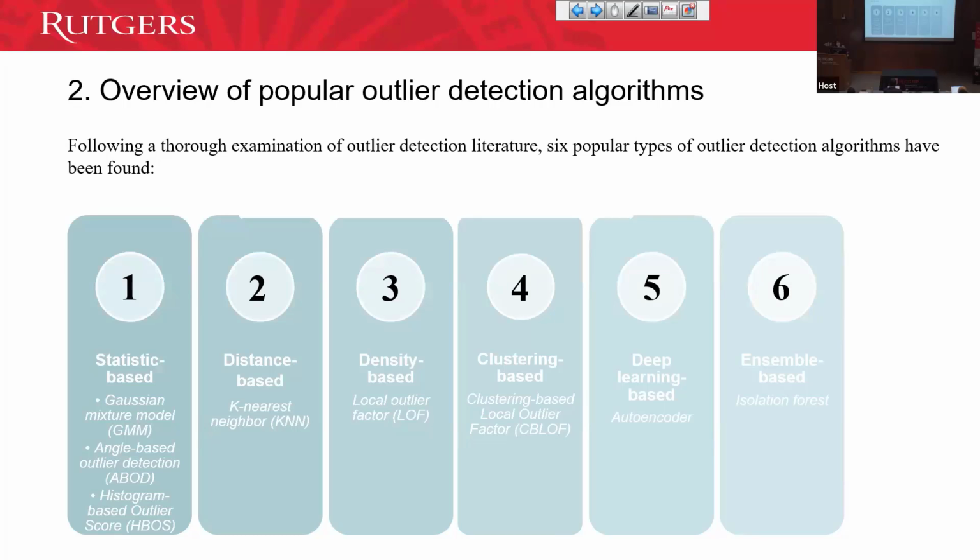You can tell from their names, different algorithms are constructed based on different statistical or mathematical mechanisms. In this sense, these algorithms may generate different outlier detection results.